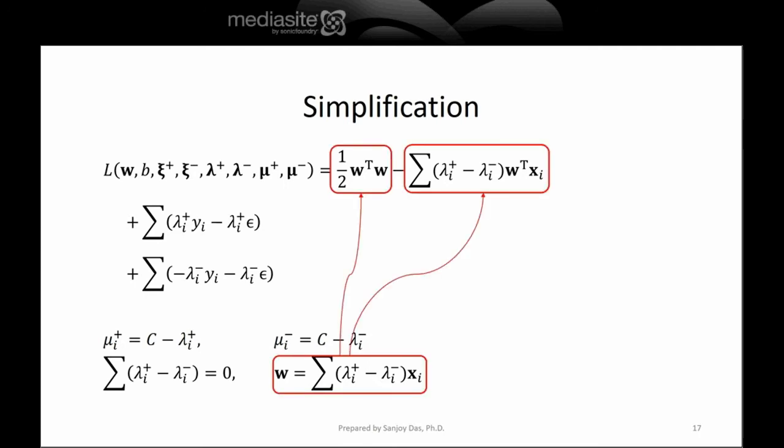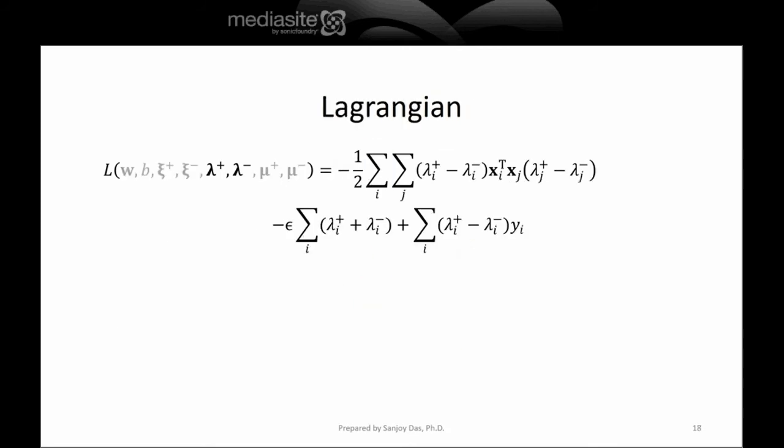And now, since I have derived an expression for W in terms of lambda I plus, lambda I minus, and xi, I do this replacement, and that gives me this as my final Lagrangian, where I have eliminated all the primal variables.